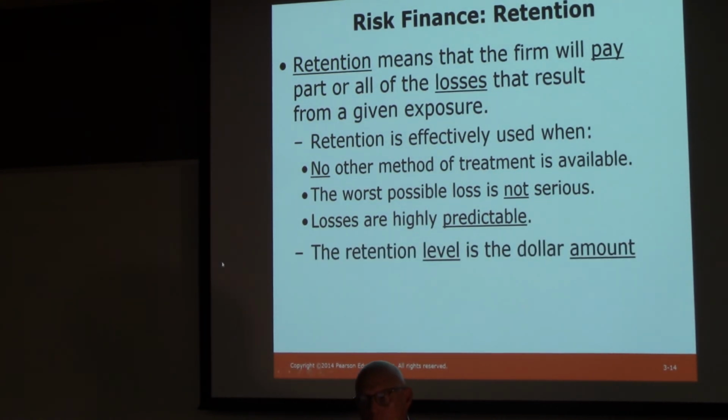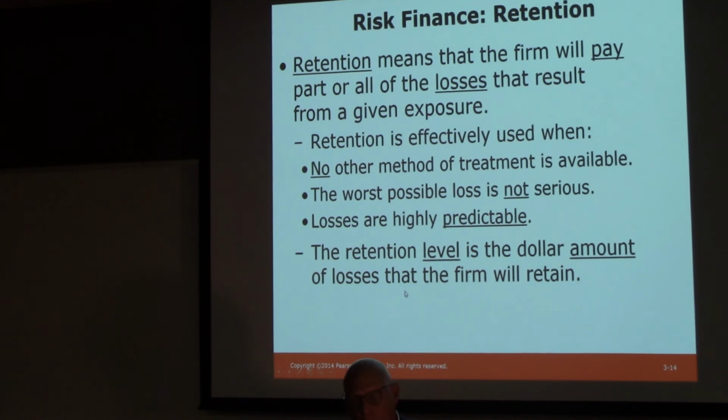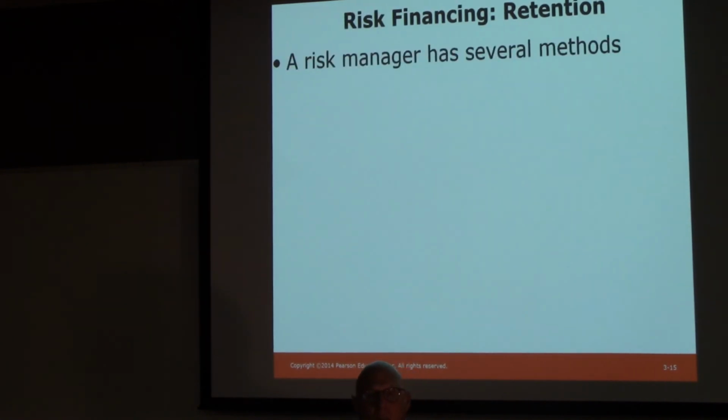And the retention level is the dollar amount of losses that the firm will retain. And so the firm establishes how much in total they can afford to pay out, and that's what they retain. Anything that goes above that, then they're going to have to find a different way of treating the loss. Okay, so you set a limit on how much retention you can have.